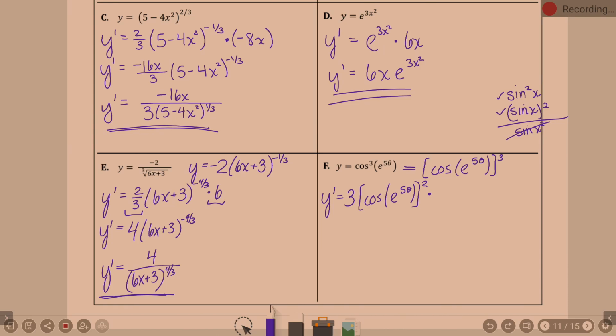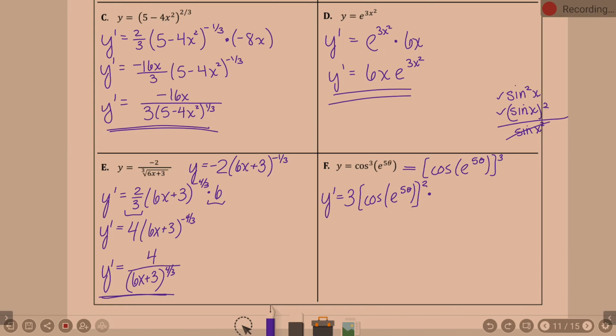What's the next most outside function? The cosine.